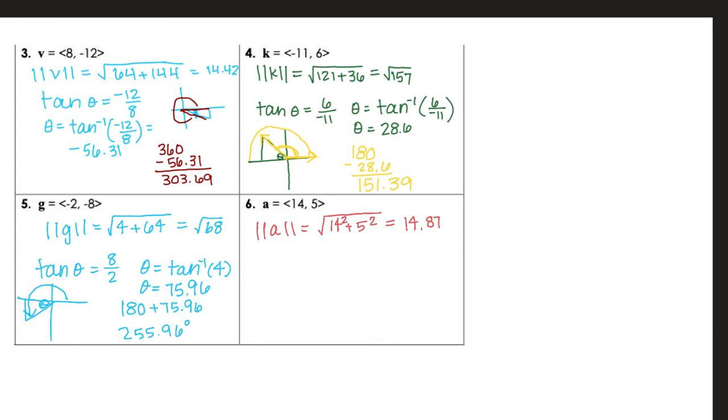And then we're going to talk about tangent of theta equals 5 over 14. So theta equals inverse tangent of 5 over 14.